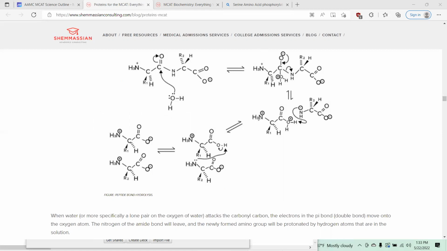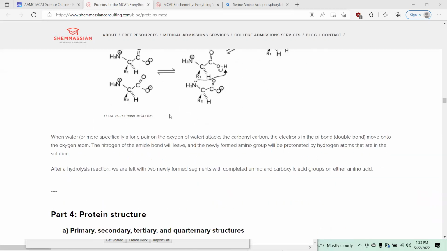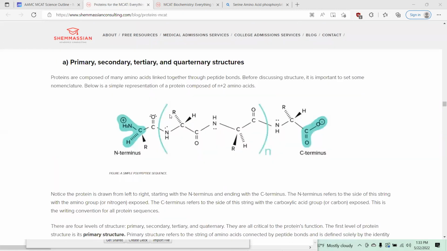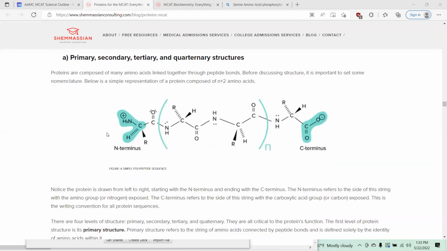Okay, cool. Good question. So now we go on to protein structure. Like I was saying, a protein is just a really, really, really long chain of these amino acids. So again, we can draw out the first part. This is called the N terminus because it's the amino end, right? And where does the amino acid end?